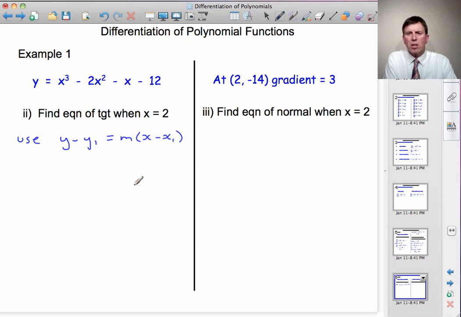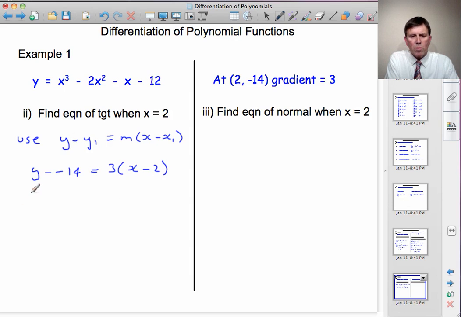Because the gradient of the curve is defined to be the gradient of the tangent. So I know that the gradient of the curve is 3, so the gradient of the tangent will be 3. And x1, y1 is a point that the tangent passes through, and that's the point 2, minus 14. So I'm going to write y minus the y coordinate minus 14, y minus minus 14 is equal to the gradient 3 times x minus the x coordinate, which is 2.